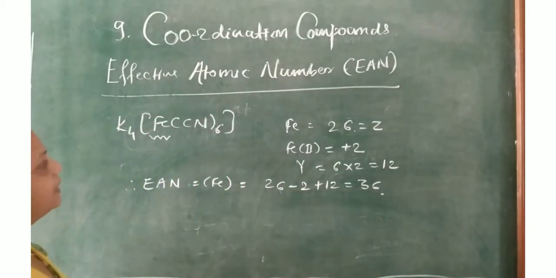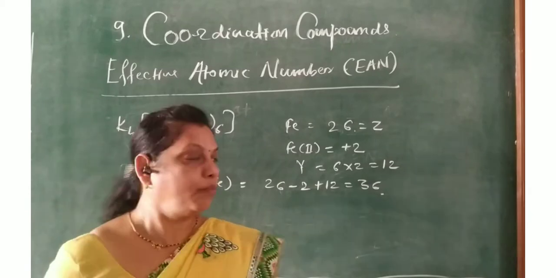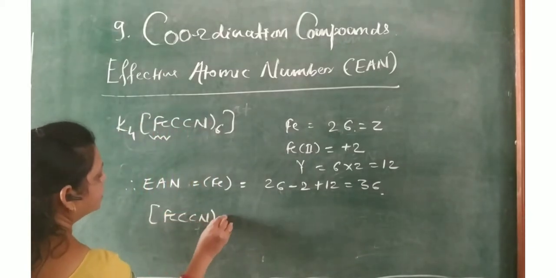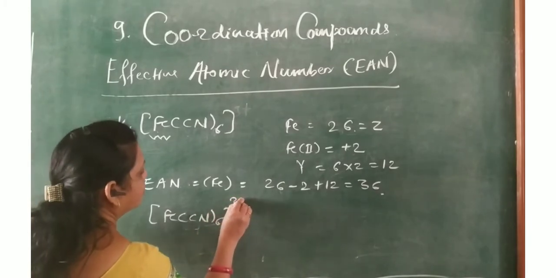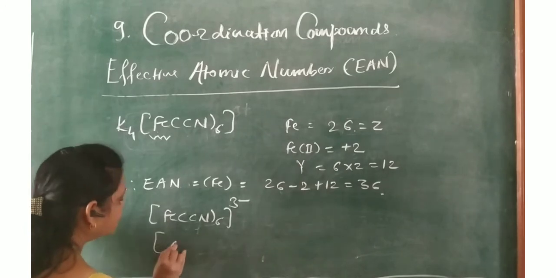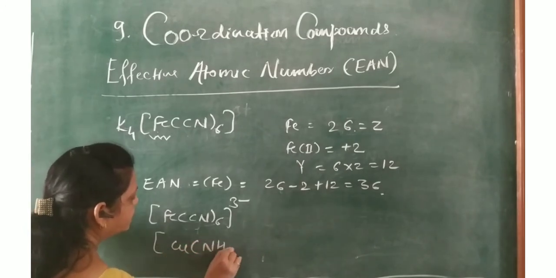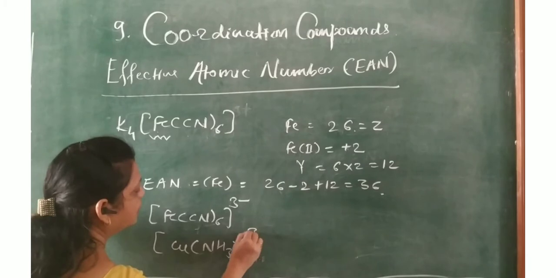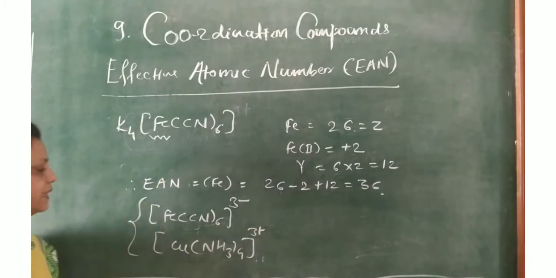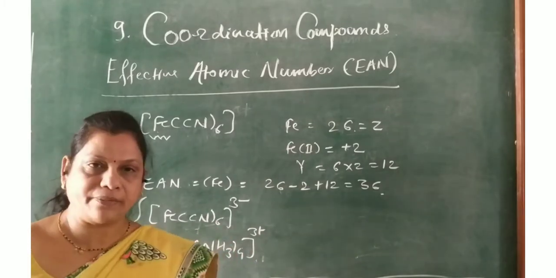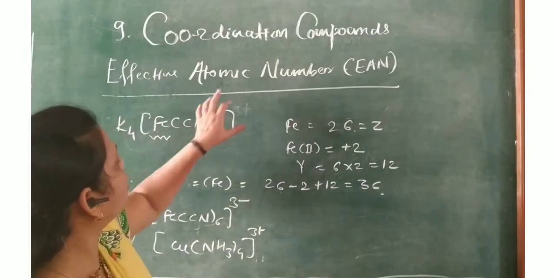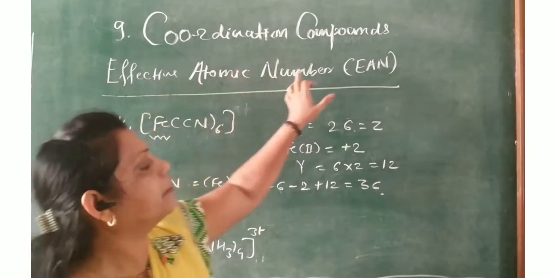But there are some exceptions, for example [Fe(CN)6]3- or [Cu(NH3)4]2+. These and some others are exceptional cases which do not obey the effective atomic number rule.